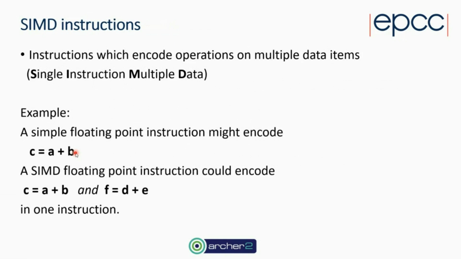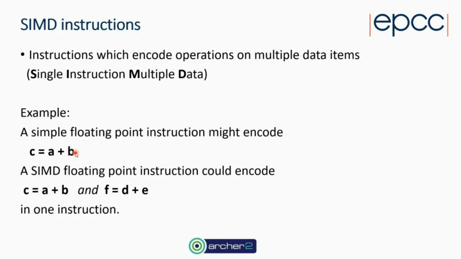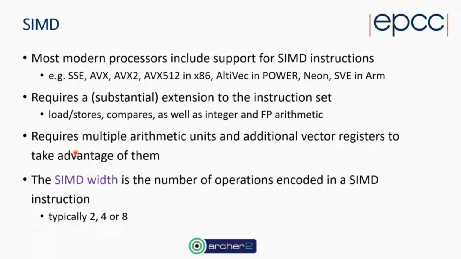Likewise, we have these SIMD instructions, so vectorization, and we have a whole lecture on this tomorrow. We don't have to worry about this too much, but this is the idea that we can do multiple of the same operations on different bits of data in the same instruction. Modern processors will have these. We're looking at an AVX2 or AVX256 instruction set in the AMD Rome processors, and depending on the size of your data, they let you do something like 4 or 8 values at once in a single instruction.